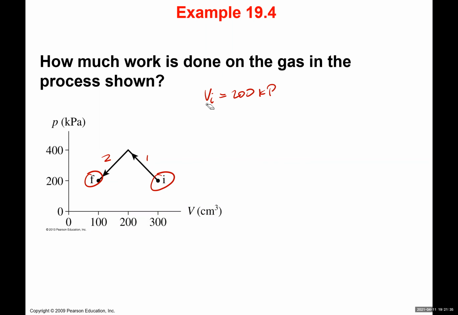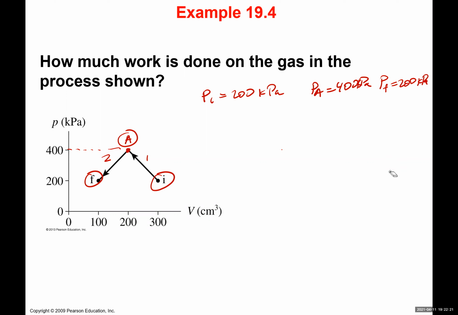Let's add another point, A, so the path goes from I to A, and from A to F. So P_A is 400 kilopascal, and P final is 200 kilopascal.